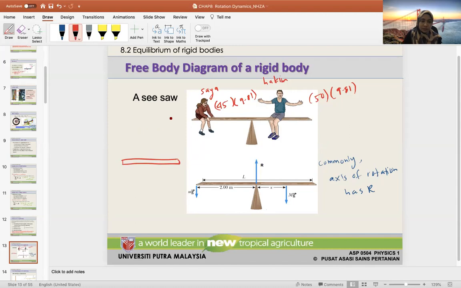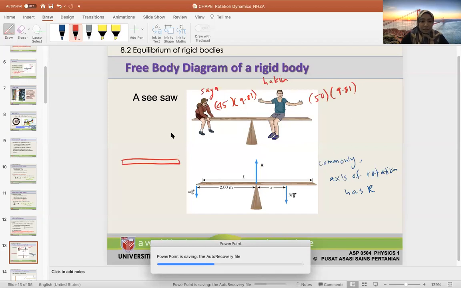Yes, doctor. And you have a string that acts as your axis of rotation. Is it possible to have an axis of rotation dekat string? Possible ke? Tak kot. But there is a situation.